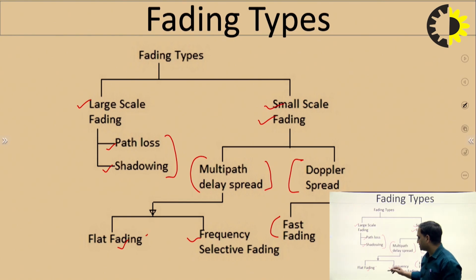The flat fading and the frequency selective fading can be in both ways: the flat fading can be with the fast fading and the flat fading can be with the slow fading. Similarly, the frequency selective fading can be frequency selective fast fading and frequency selective slow fading.